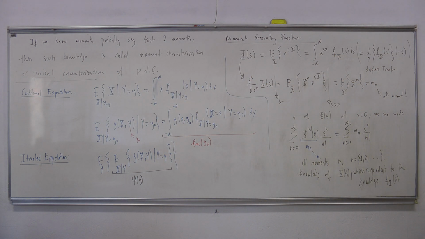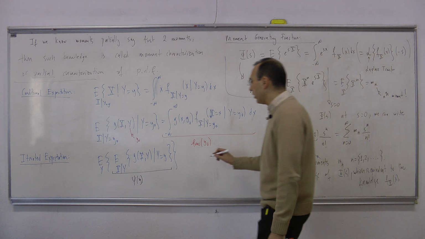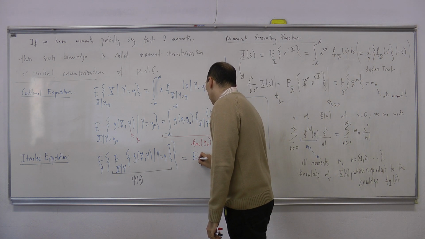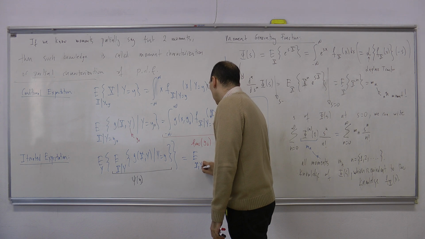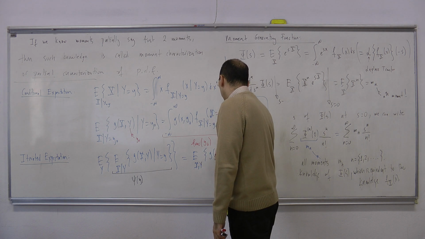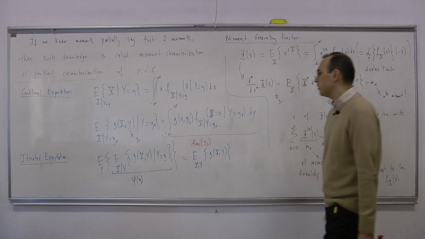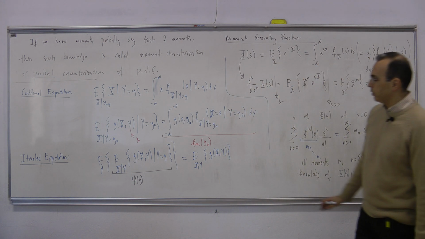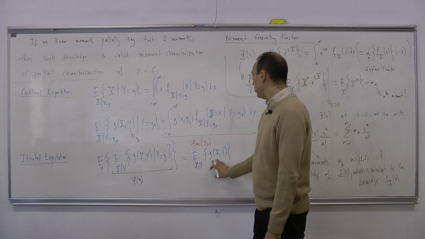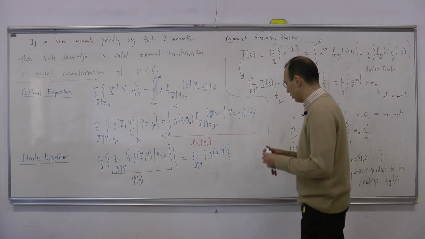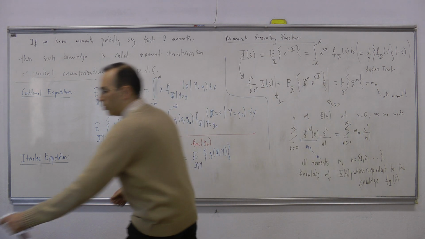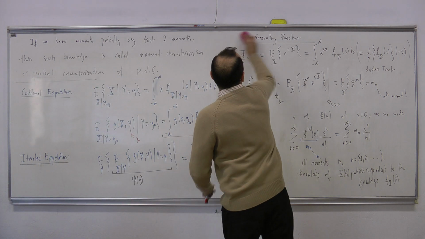So what is this? Well, this is the reason expectations are very easy to utilize. It is equal to the expected value of g of x and y over the joint density. How can I show this very briefly?